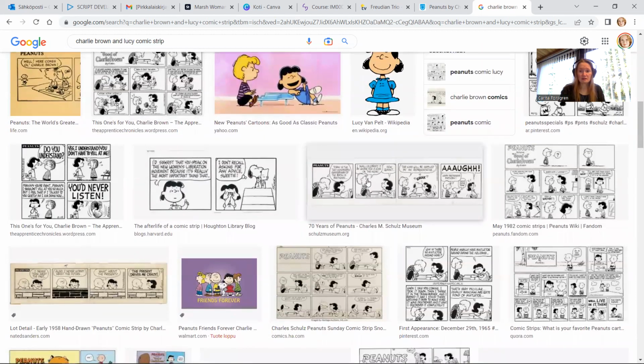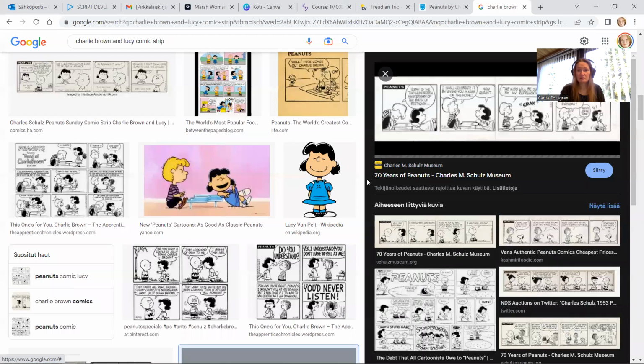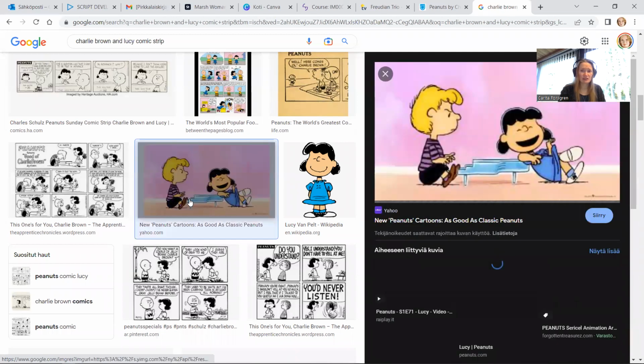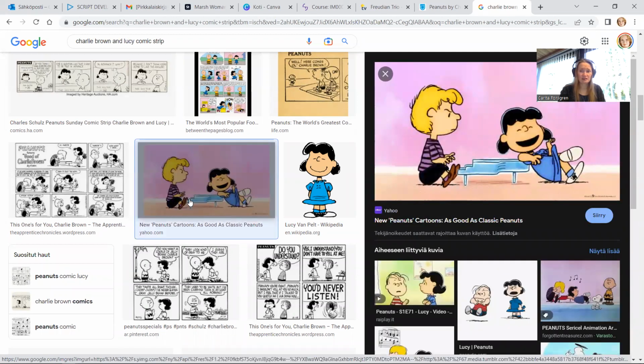Oh, and of course, Schroeder has his own weaknesses. He likes Beethoven, and because Lucy does not appreciate Beethoven that much, that's where she can always make fun of him in different ways.